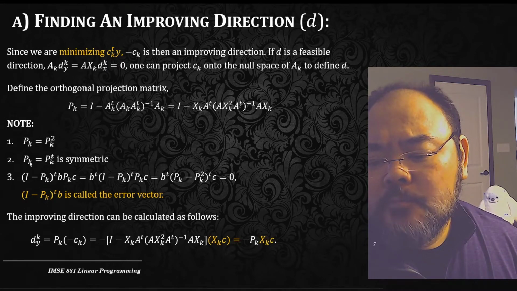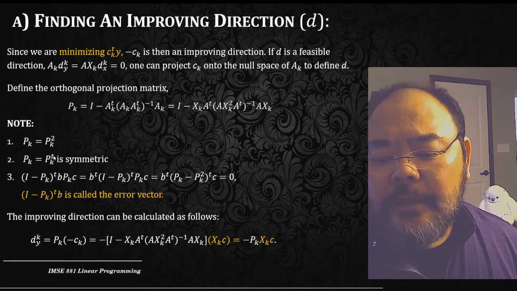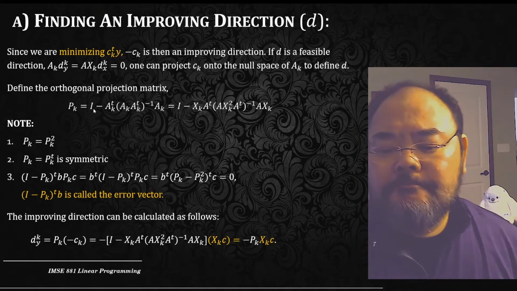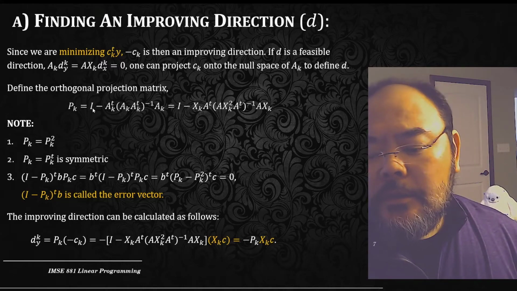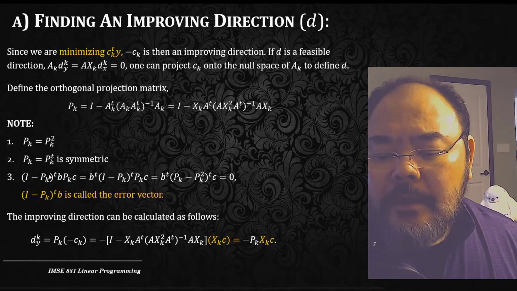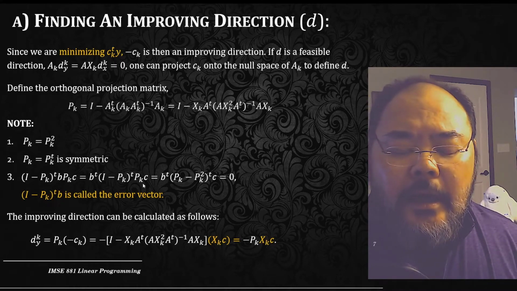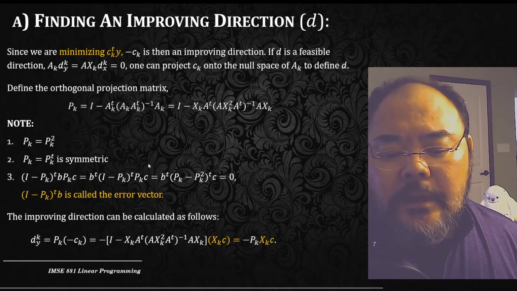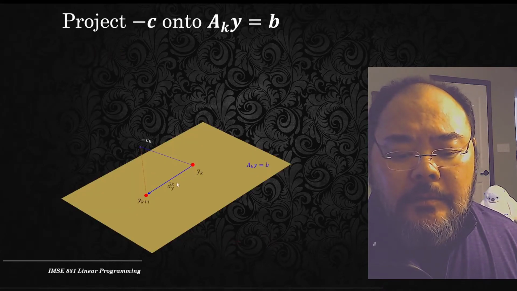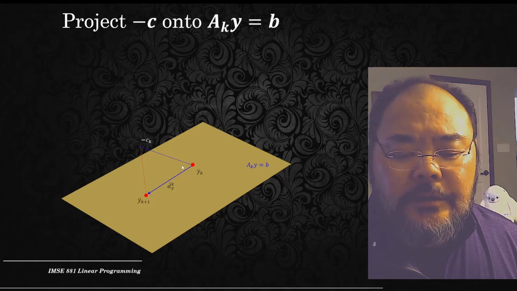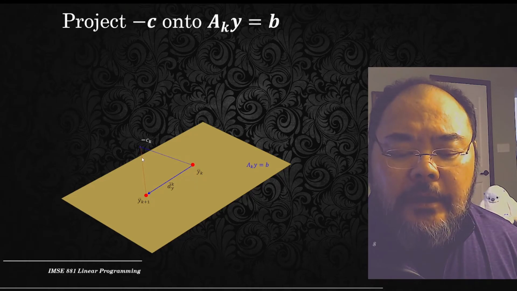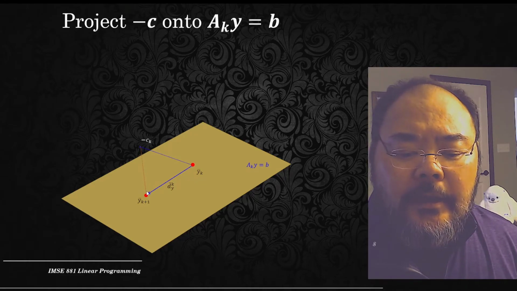Second, PK equals PK transpose, so PK is a symmetric matrix. Also, PK times C, and I minus PK times B, are equal to 0. That means, in the next slide, you can see that PK times C, which is this dyk, is perpendicular to the red dotted line right here, which is I minus PK.